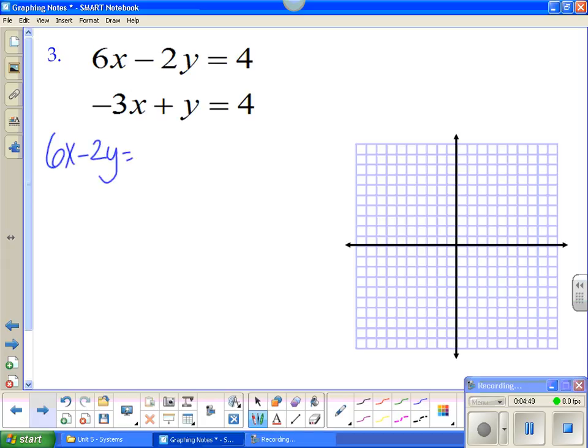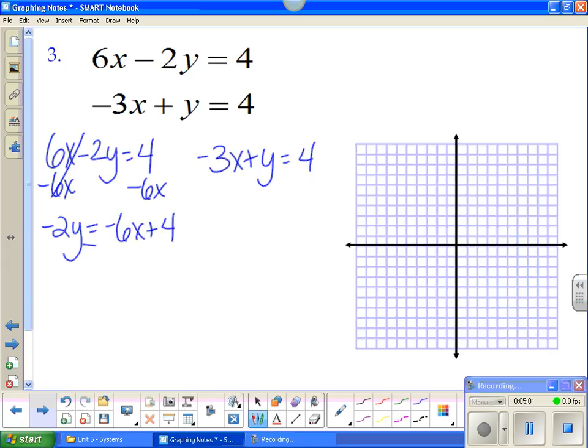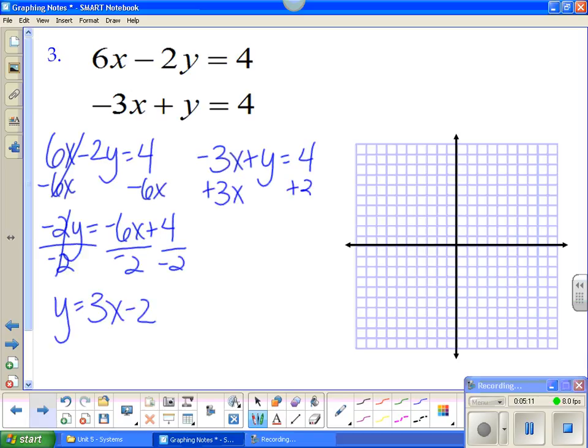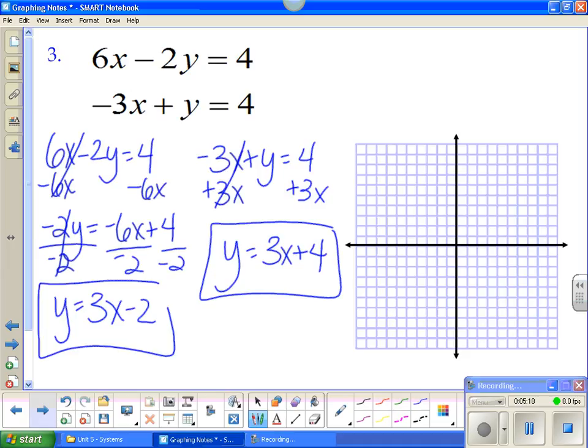Okay, so for number 3, same thing. We're going to solve for y. Careful with your signs. So I can look at the two equations I have, and again, some students are going to be able to look at this and say, well, they have the same slope, but a different y-intercept.